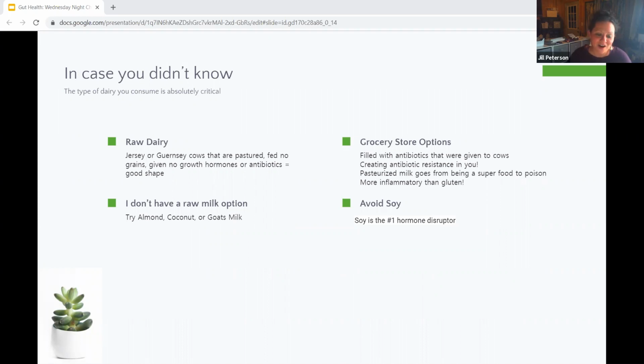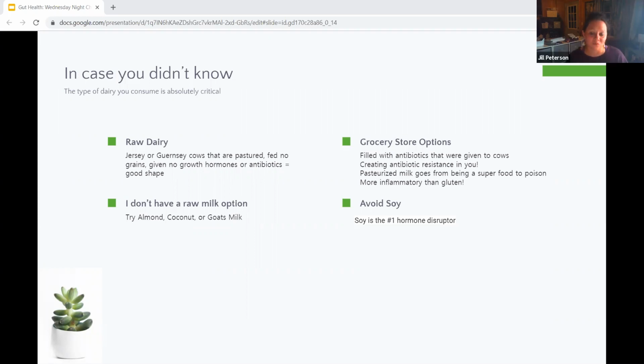And dairy is one that I know is a very hot topic, because some people think, oh, if I'm low carb, but I'm high meat, high protein, high dairy, I'm healthy. There are other people who say no dairy, it is not good for you, don't eat it at all. But I truly believe that the type of dairy that you consume is really what makes the difference.